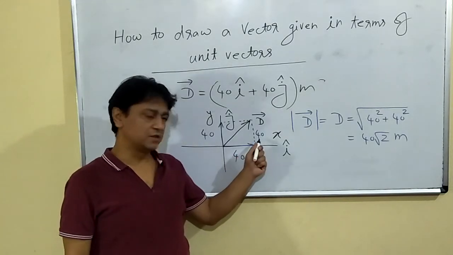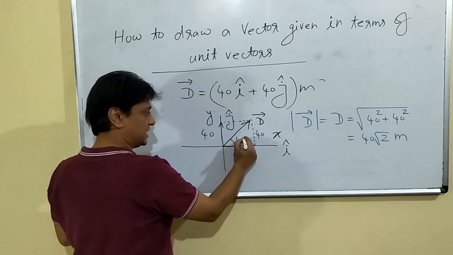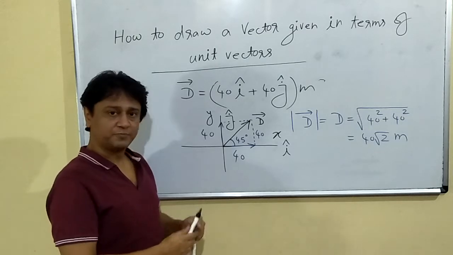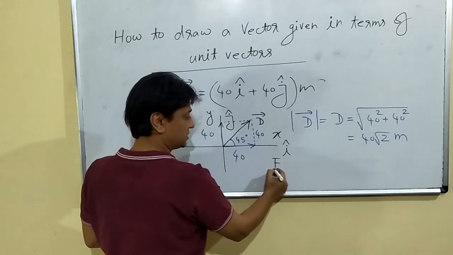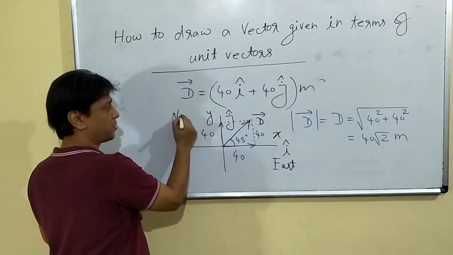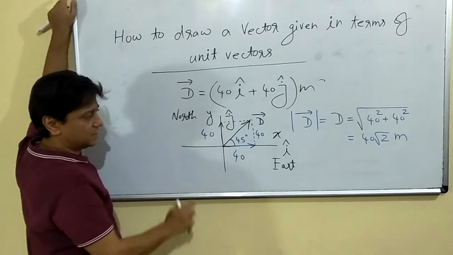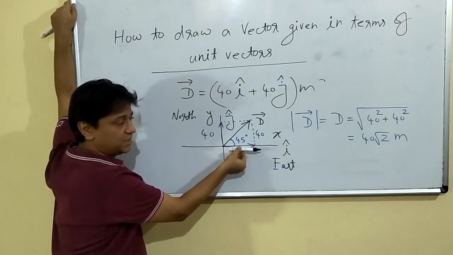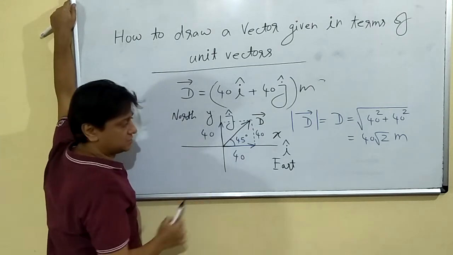Now, if this is 40 and this is 40, then this angle you can easily see is 45 degrees. And if this x-axis corresponds to east and y-axis corresponds to north, then we know that a vector which lies exactly in the middle of north and east has a direction given by northeast.